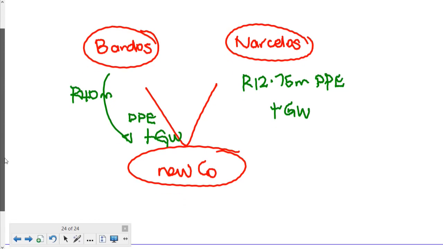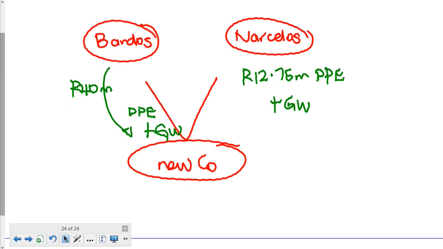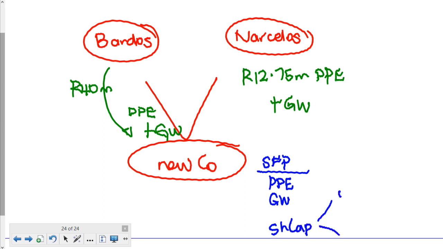So when I form this new company it will have a statement of financial position. It's going to have PPE, goodwill, and then the other side is going to have share capital. And the share capital is to the shareholders of B and to the shareholders of N. And they're asking you how many shares each of those shareholders is going to get.